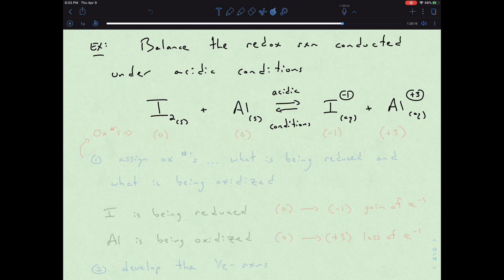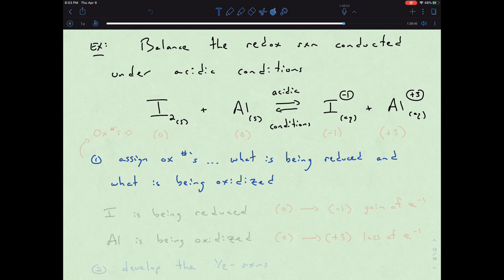So we could start with step 1, which is, right, we have to assign our oxidation numbers. We want to determine what is being reduced and what is being oxidized.